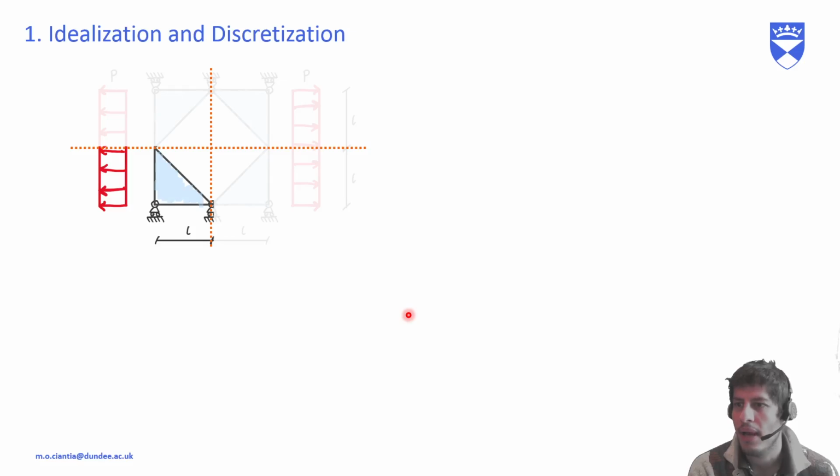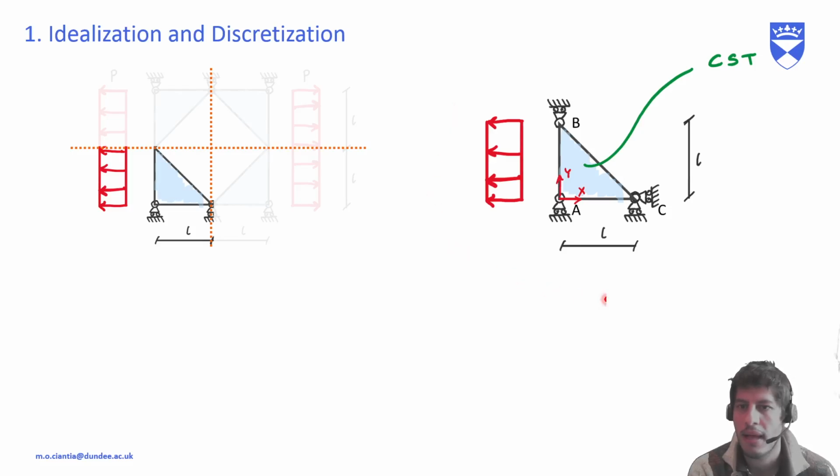What we did, well, we had first an idealization and discretization step. We saw there were lines of symmetry, so our model could be reduced to study just this single triangle here.